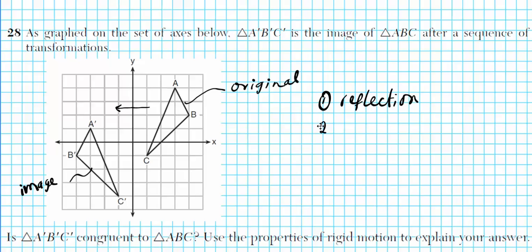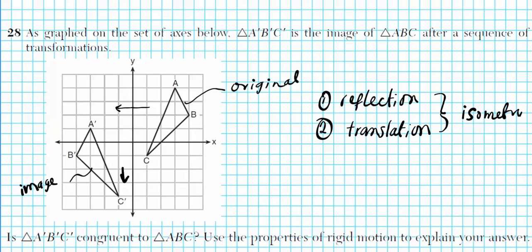And then two, what do you notice about C and C', B and B', and A and A'? It looks like there has been a shift. How many units? 1, 2, 3. A 3 unit downward shift. So there's a reflection and there was a translation. These two transformations are isometries.